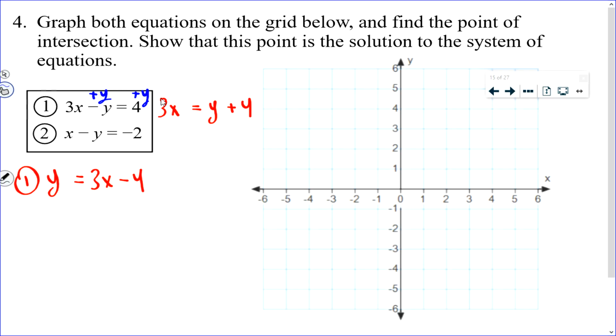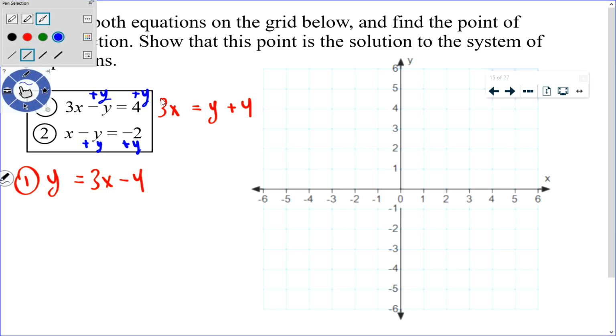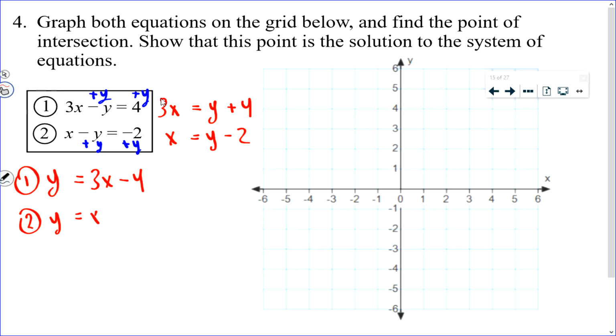Doing the same bit of business with equation 2, I'm going to add y to both sides. I just prefer the y's to be positive. And that takes me to this statement, that x is equal to y minus 2. And that means if I add 2 to both sides, I have y is equal to x plus 2.